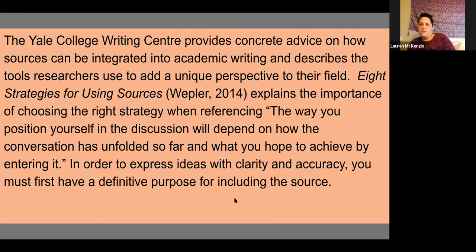I give the title of the document, 8 Strategies for Using Sources, and I include the author's name and the year. Then I include my direct quote, and my final sentence is a really explicit, clear paraphrase of the previous one. So I've kind of combined them.